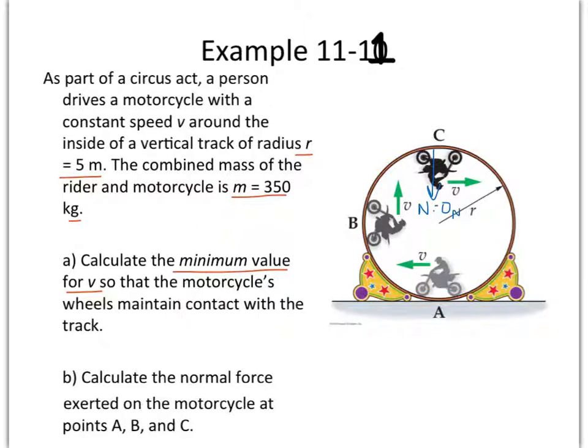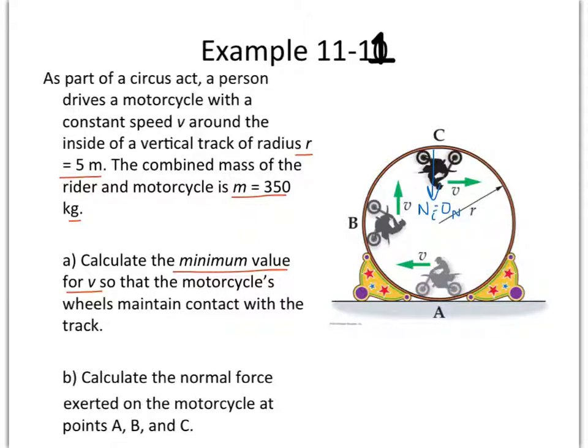There is no pressure between the wheels and the track. They're just barely touching, but there's no additional pressure. So they just barely maintain contact with the track, so he can stay on top and not fall into the middle. Okay? Down at the bottom right here, I'll call that N sub C, is 0 newtons.